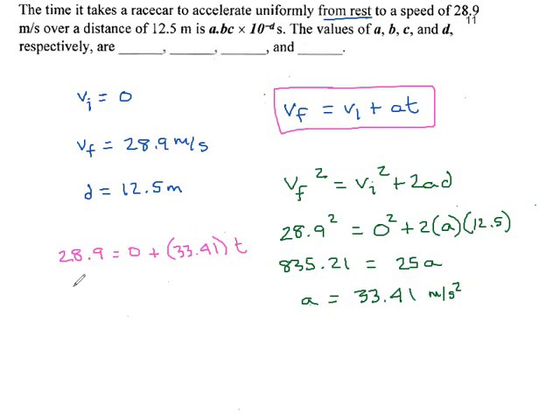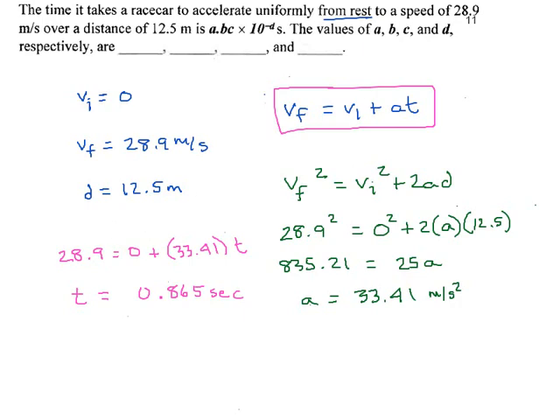The 0 doesn't matter, so if we're trying to solve for t, we want to divide both sides by 33.41, and we get t equals 28.9 divided by 33.41, 0.865 seconds. Wow, that ain't no normal car.